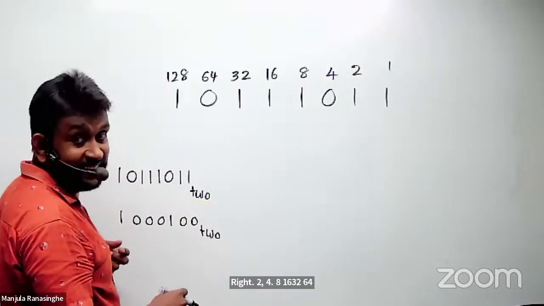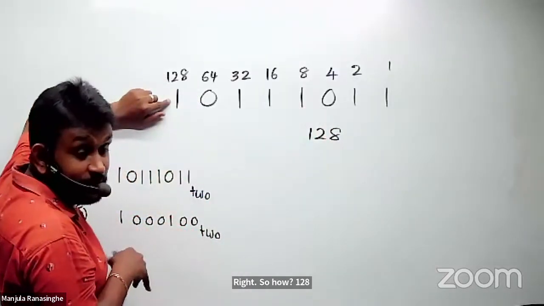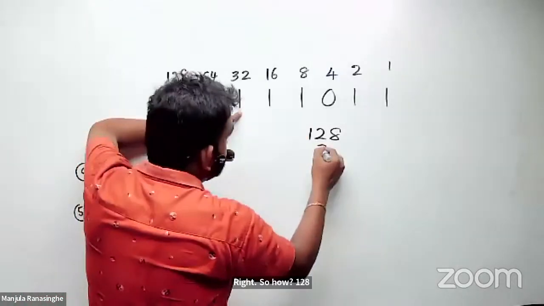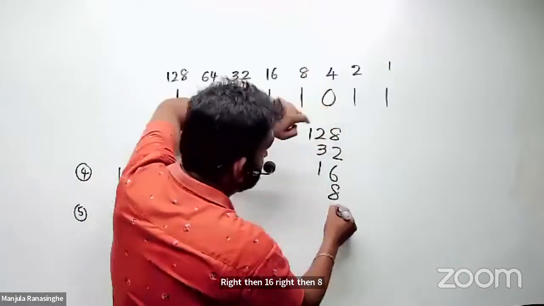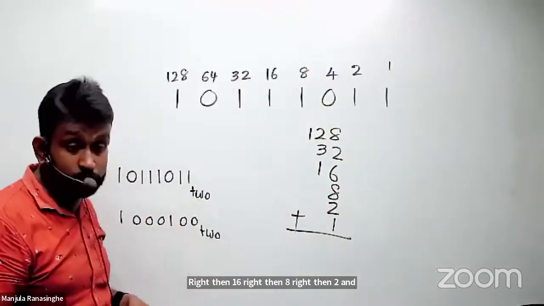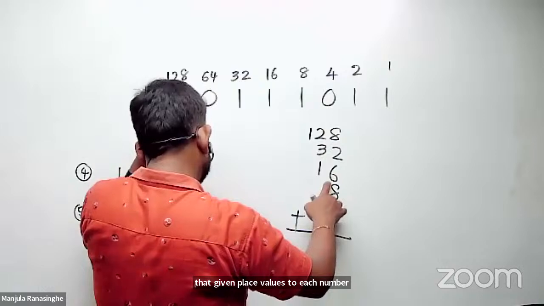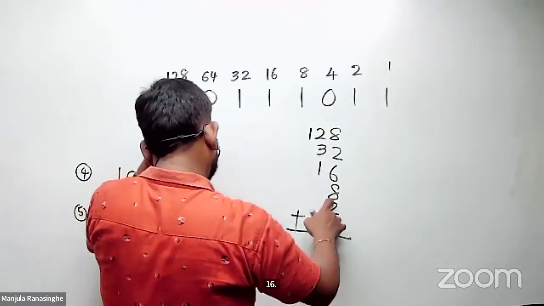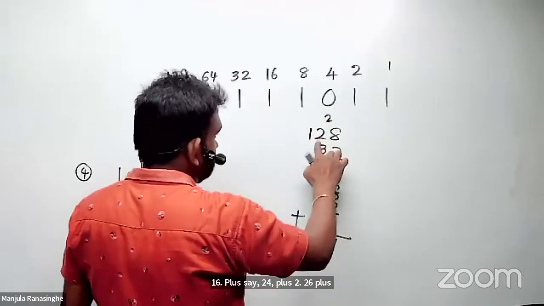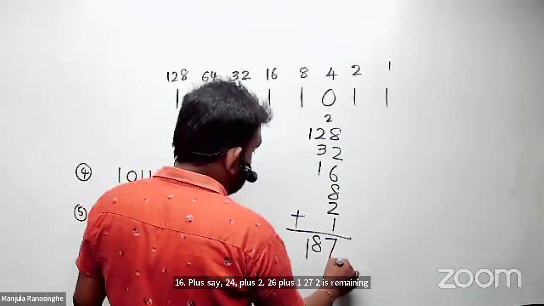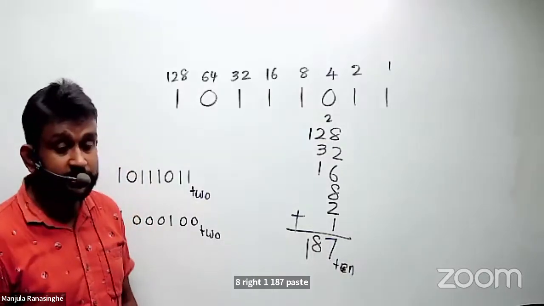Then we take 32. Then 16. Then 8. Then 2 and 1. So just start giving place values to each number. 16 plus 8, 24, plus 2, 26, plus 1, 27. 160 is remaining, so 187 base 10. Hands up those who got the answer 187.